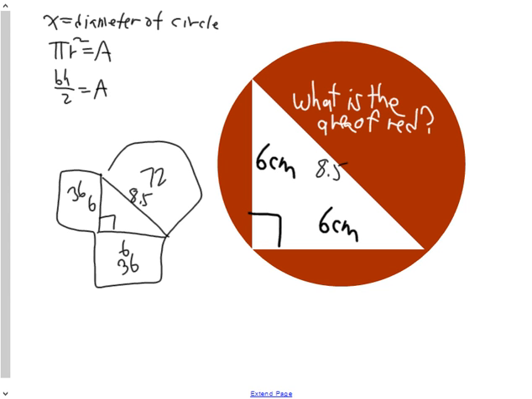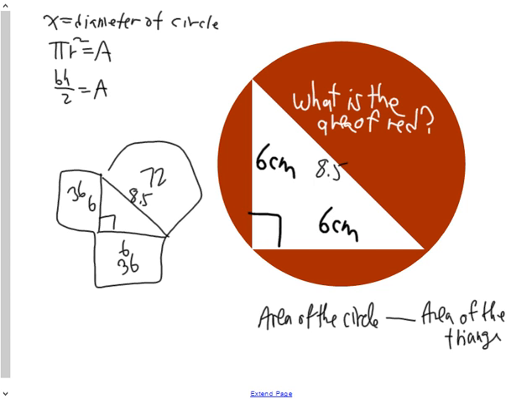Okay. So now, if I think about the area of the circle, take away the area of the triangle. Does everyone agree that if I take the area of the circle, which would have been a full red circle, and I take away the white triangle, what would I get?